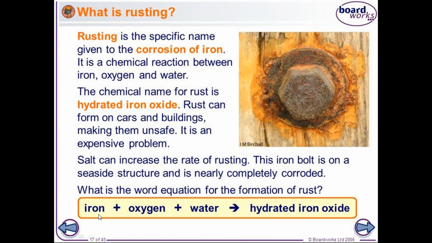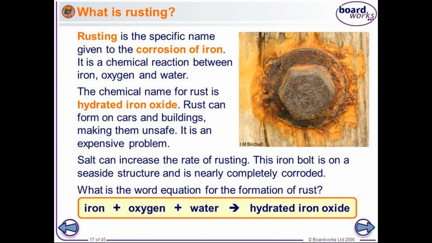If you are asked to write a word equation for that reaction, it's the following: iron plus oxygen plus water forms hydrated iron oxide. If you don't remember the words hydrated iron oxide, you can say iron hydroxide.